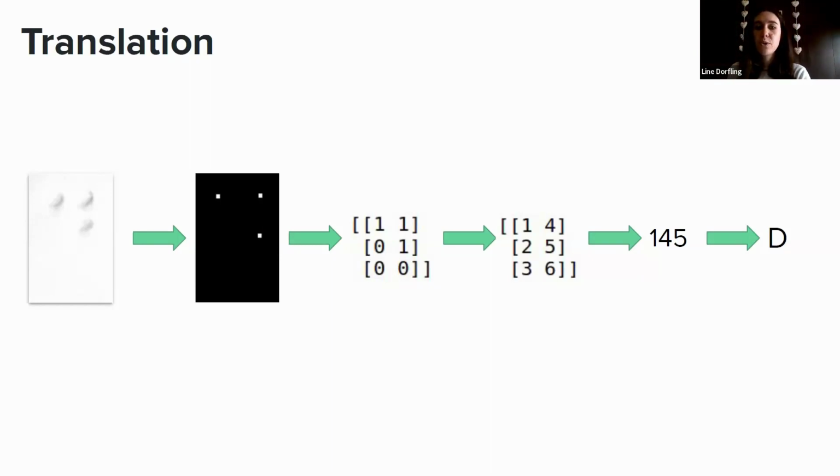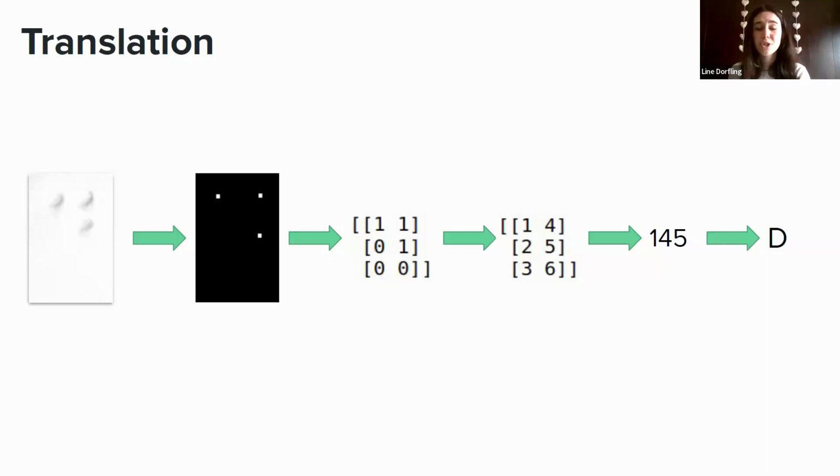Then we take this binary array and we map that to the following numeric array, where we can build up a number for this character. So if there is a 1, we take a 1. If there's a 1 in the second position, we take a 4, etc., etc. So this Braille character's numeric representation is the number 145.